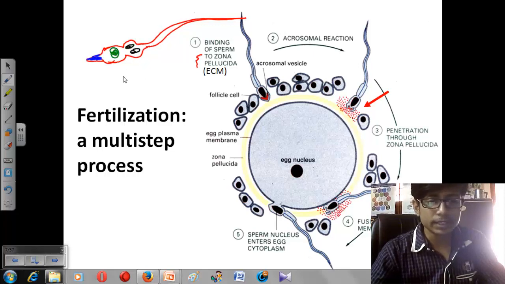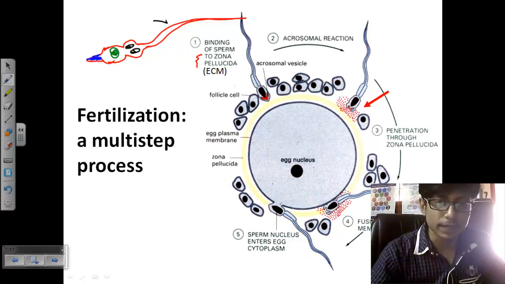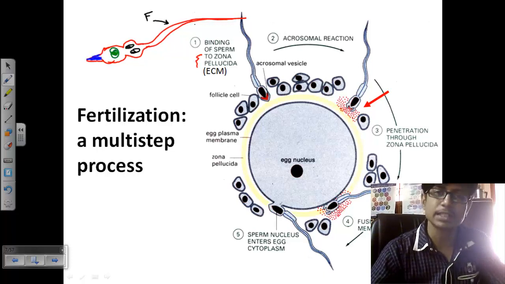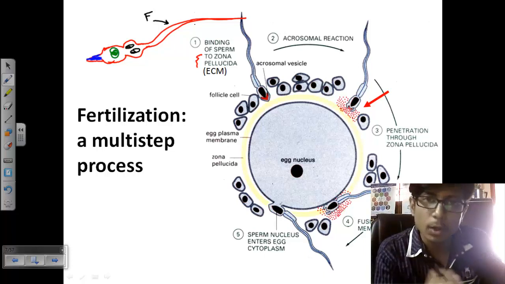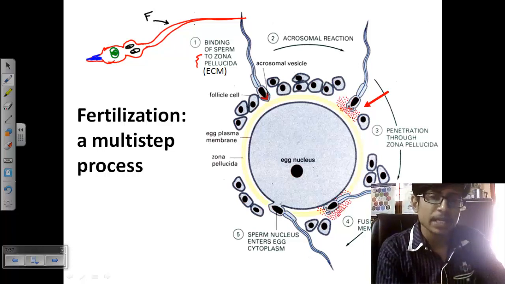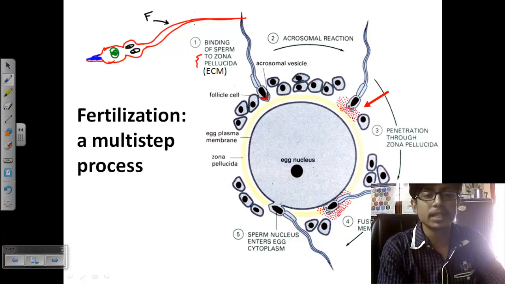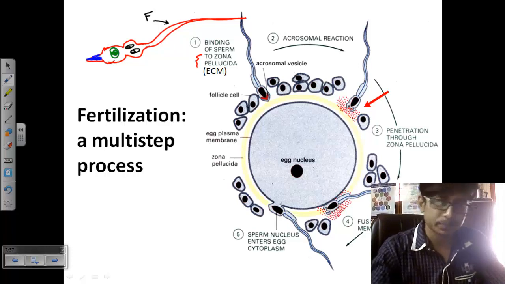If I designate these different regions, this is the flagella. Remember, with the help of the flagella, sperm can swim. Sperm can sense the presence of chemical contents as well as toxic materials. So the movement of sperm is based on chemotaxis.